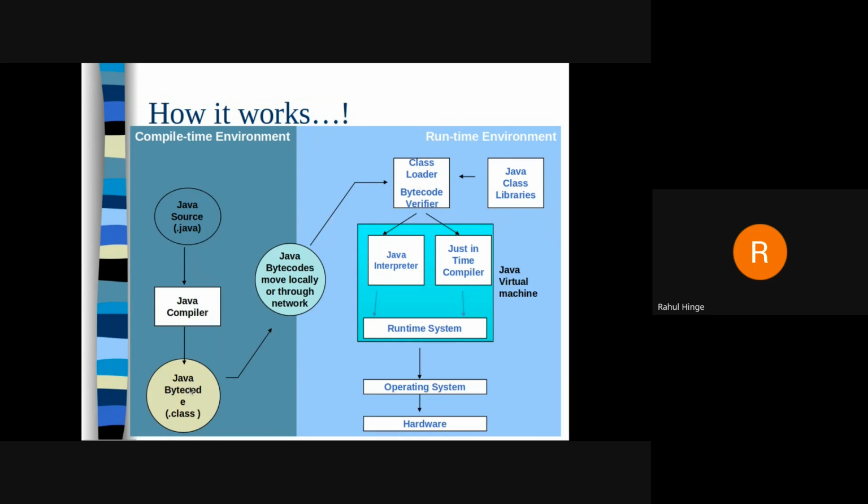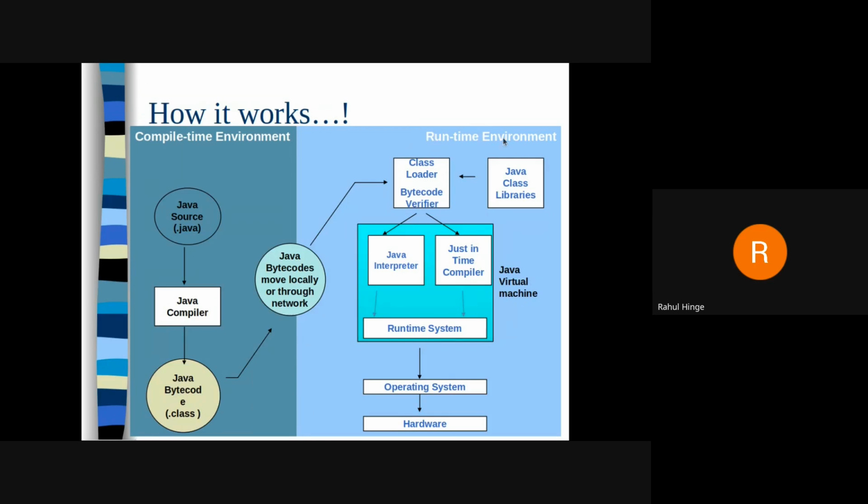Before that, we have bytecode and a Java source code file. This is the programmer who writes the code. Then using javac, it compiles the code and converts it into bytecode. Once we convert into bytecode, we use the java command for running your class file.